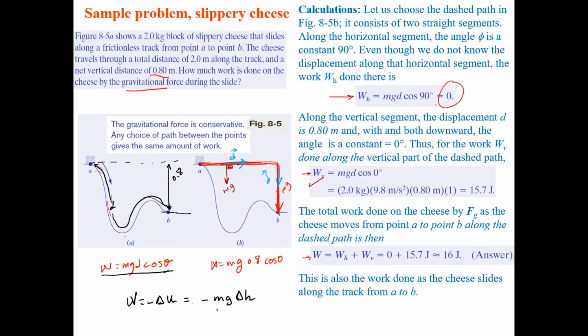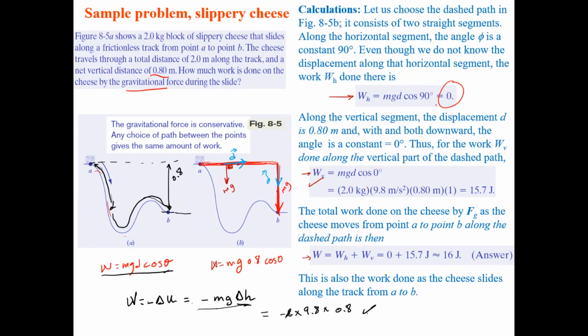If I use the other formula, this one, then all I have to look at is the change in the height. So I'll write this as minus 2 kilograms times 9.8 times delta H, the change in the vertical height only, which is 0.8. Problem solved.